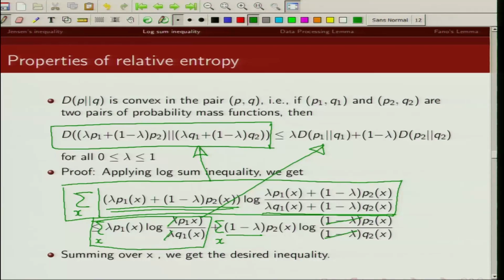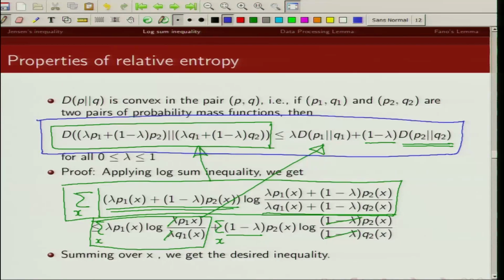This is 1 minus lambda times the sum over x of p2x log p2x by q2x, so this term is 1 minus lambda times the divergence between p2 and q2. So using the log sum inequality, we have shown that this relation holds, and from Jensen's inequality we know this is the condition for the divergence function to be convex in the pair P and Q.